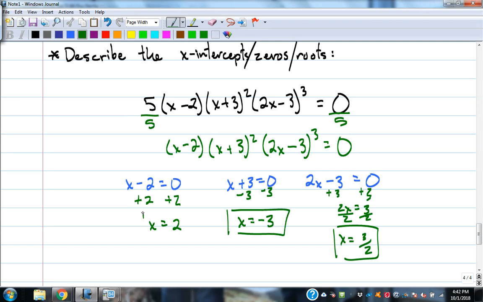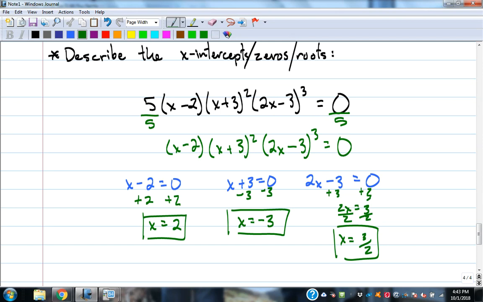Now, here's where those exponents come back in. Notice that x minus 2, what did that piece have a degree of? 1. So that means 2 is a zero one time. X plus 3, it had a squared on it.